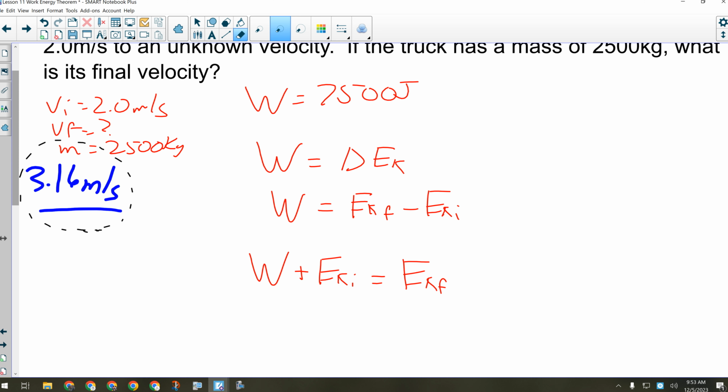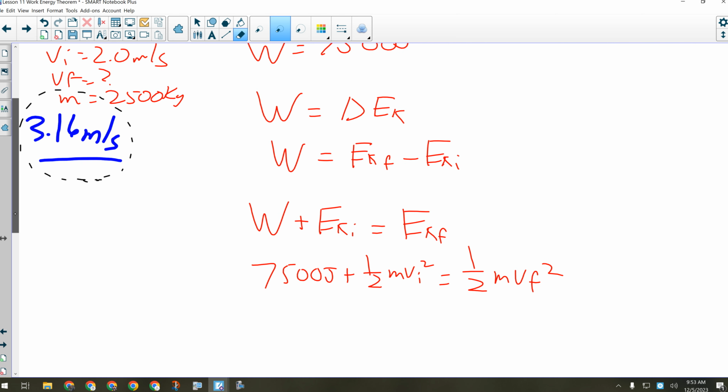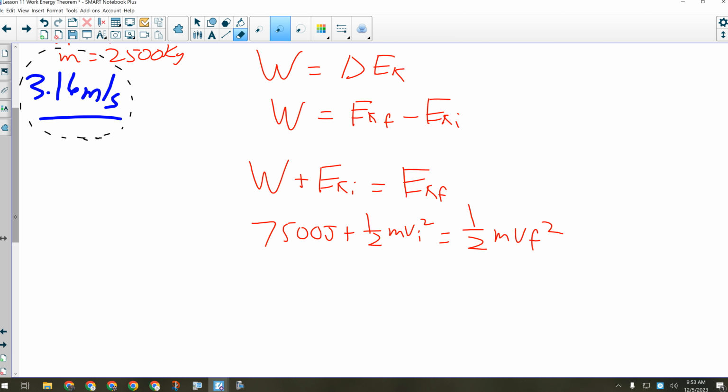So that's going to mean 7,500 joules plus 1/2 mvi squared should equal 1/2 mvf squared. Everybody okay with what I've written so far? I'm just looking for vf, so what do I do with the half and the m? Right, divide both sides by half of m.